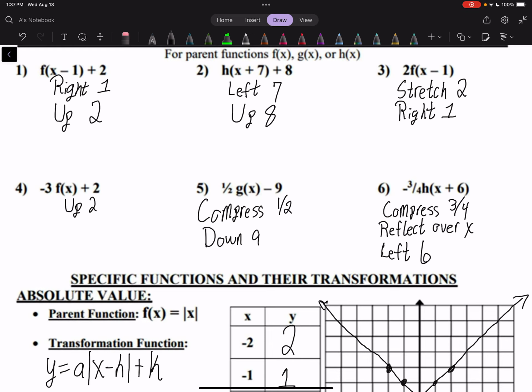The 3 is going to be a vertical stretch by 3. And also for the answer key for the other ones, all of these are vertical dilations. And the negative is a reflection, so it's going to reflect over the x-axis.